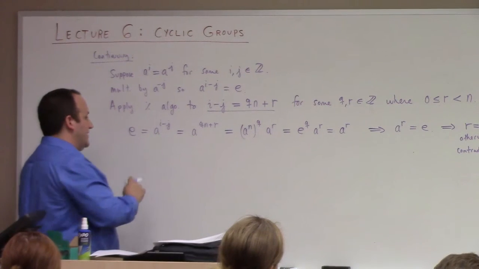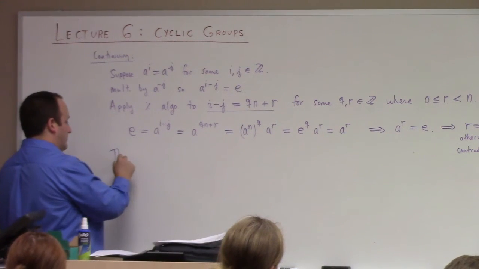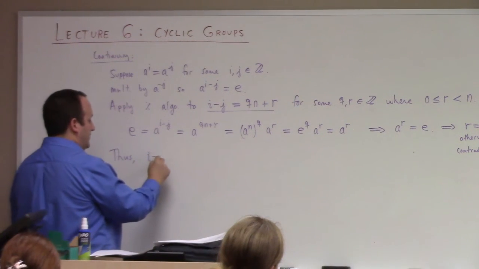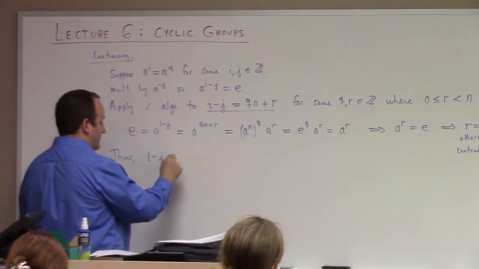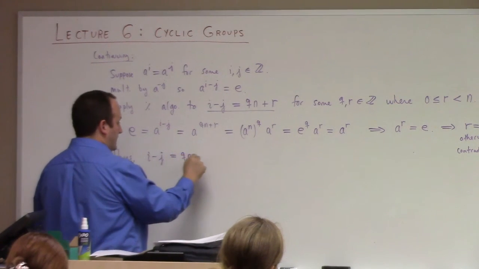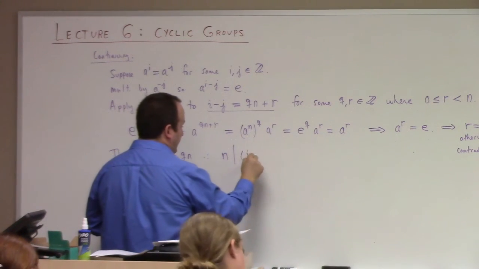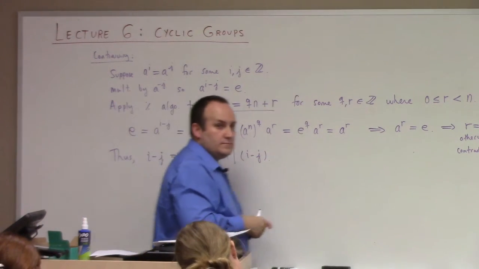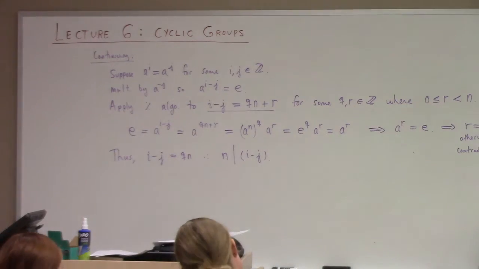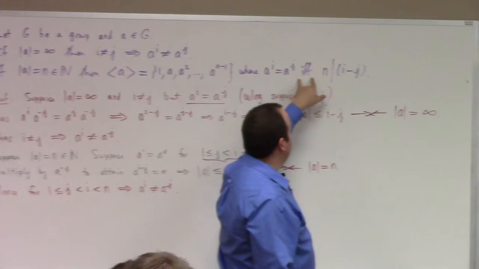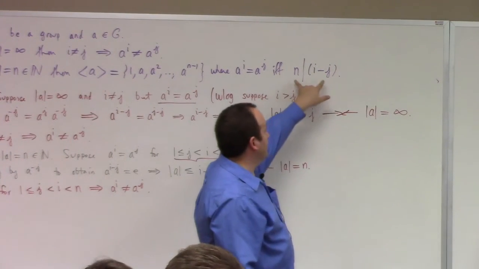All right? So what's that say then? So R is equal to 0, what do we have? We have i minus j equals qn. Therefore, n divides i minus j. So we have shown that a sub i is equal to a sub j implies this, right?